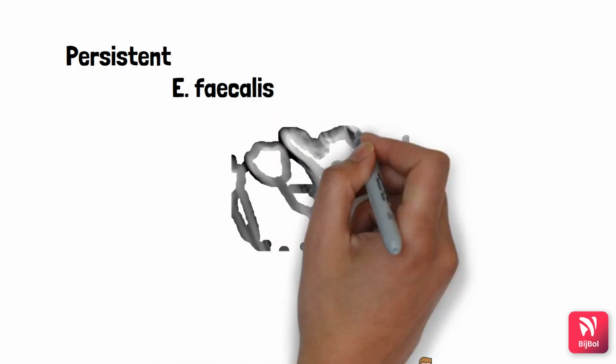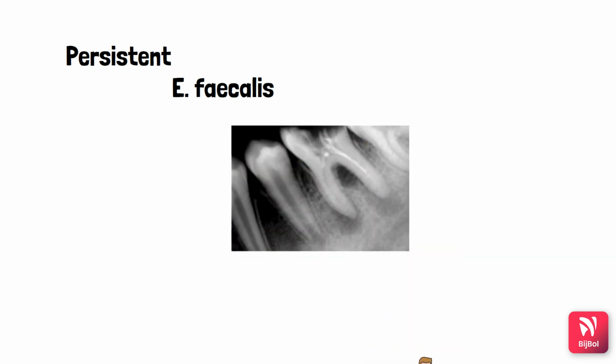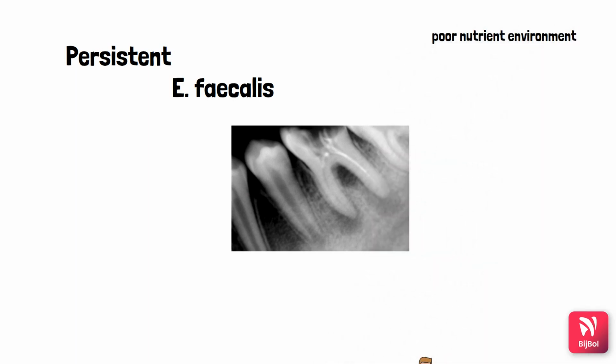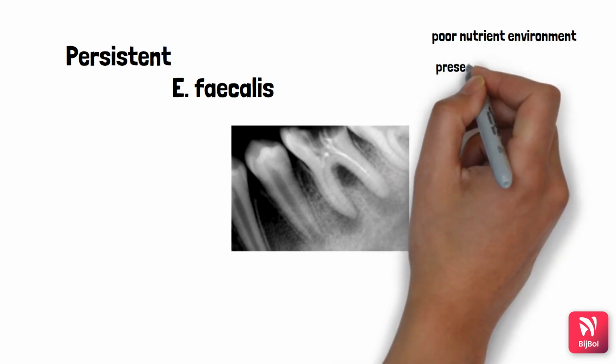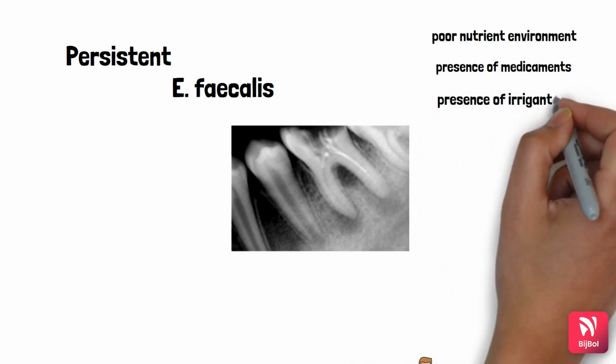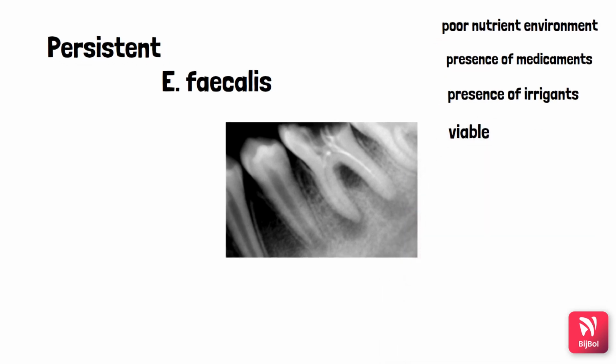E. faecalis is considered to be the most common reason for failed root canals, and even in canals with persistent infections. Due to its features, it can persist in the poor nutrient environment of root canal treated teeth, it can survive in the presence of medicaments like calcium hydroxide, and will stay alive in the presence of irrigants like sodium hypochlorite, and it can convert into the viable but non-cultivable state.